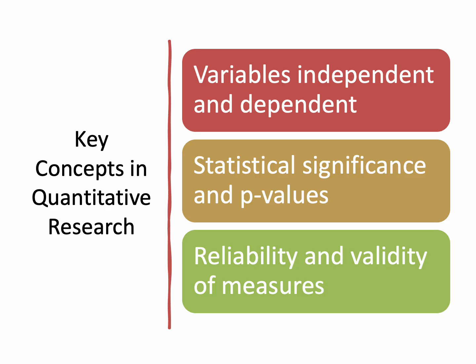Variables are measurable attributes. Independent variables, e.g., staff training in healthcare, influence dependent variables, e.g., patient satisfaction. In social sciences, education level (independent) might affect income (dependent).